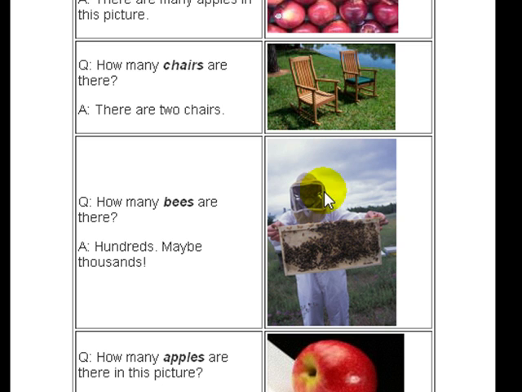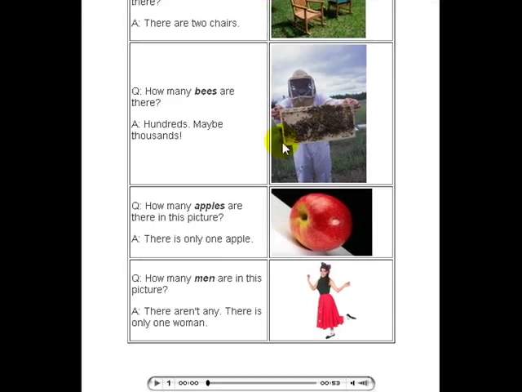So he is protecting himself from the sting of the bees. This is his suit of protection. So how many bees are there? Well, there are a lot of bees. There are hundreds, maybe thousands of bees here. We're counting the bees, and there are many bees.